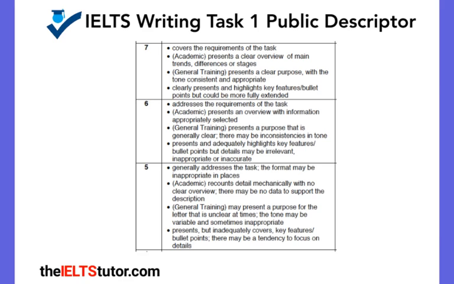If you look at this public descriptor, what differentiates between Band 5 and Band 6 is that in Band 5, if you do not have a clear overview, that's where you'll be stuck at Band 5. You can't move on to Band 6. A Band 6 piece of writing has an overview with information appropriately selected.